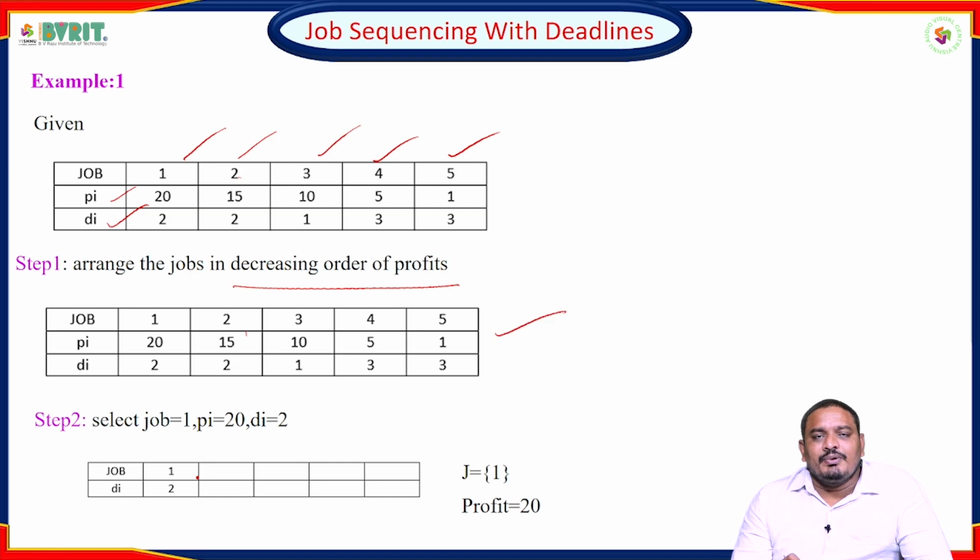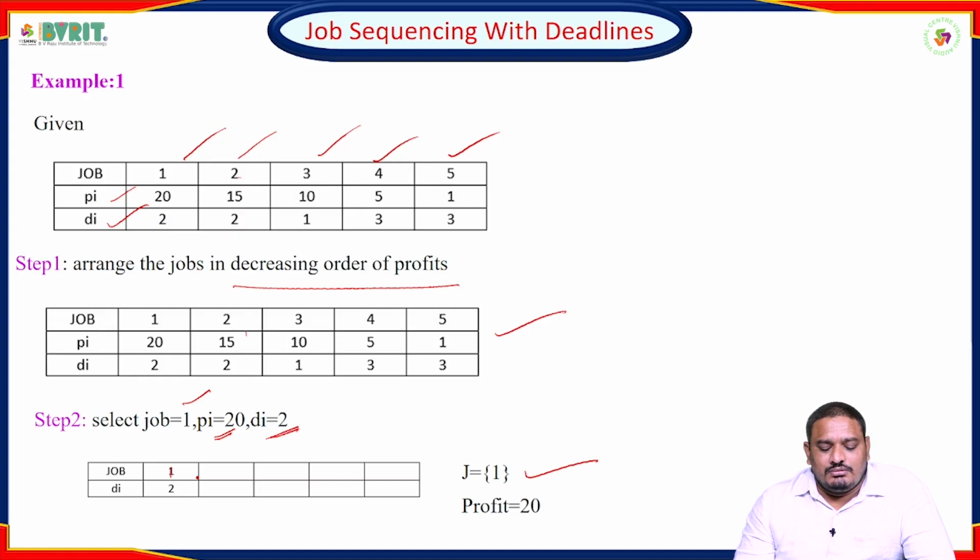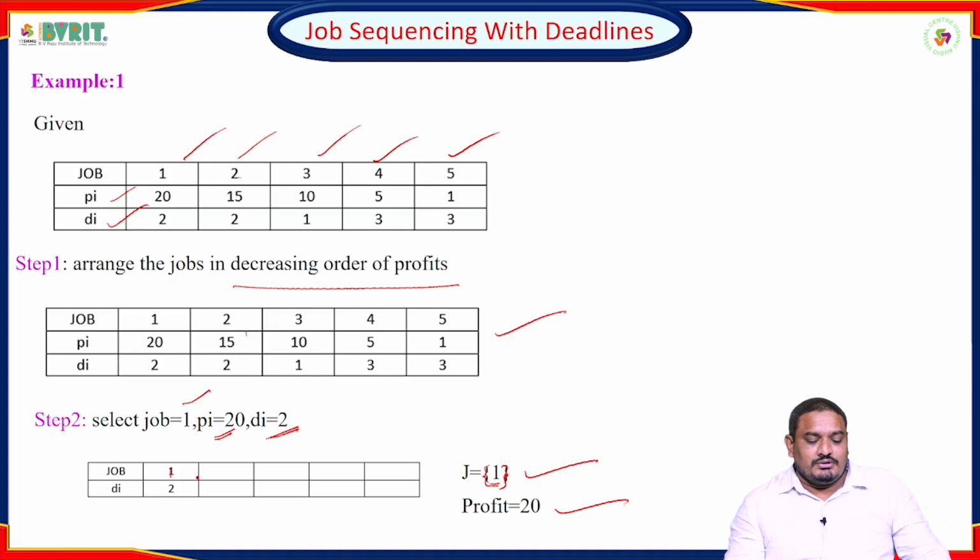Now, the second step: first consider job 1. Job 1 has profit 20 and deadline 2. The first job is placed into the subset J, with profit 20.